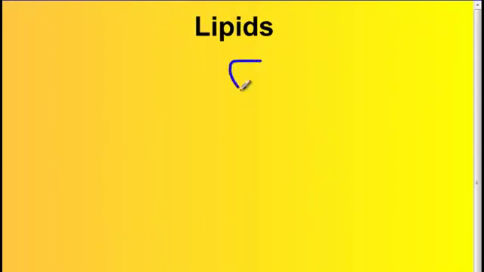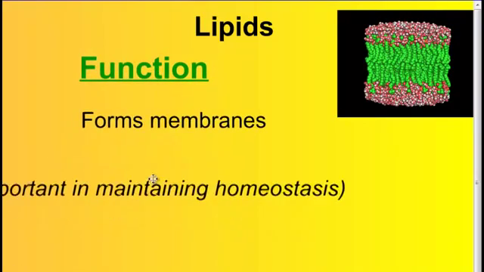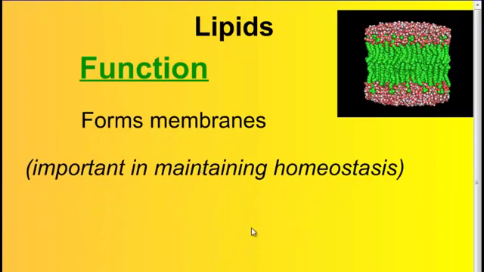Another kind of macromolecule is known as lipids. Sometimes you'll hear us call these fats. The function of lipids in your body, they're shaped something like this, is to form membranes. They're really important in maintaining homeostasis, one of those characteristics of life, because you need a membrane to create an inside and an outside environment, and it separates the inside from the outside.